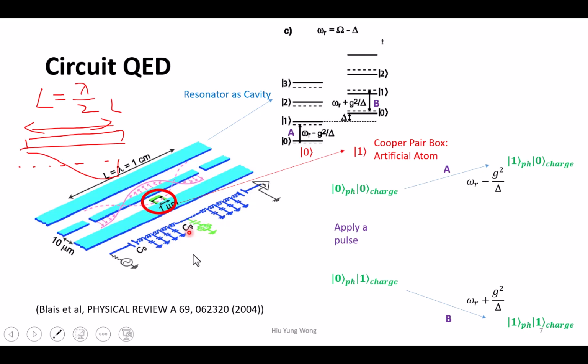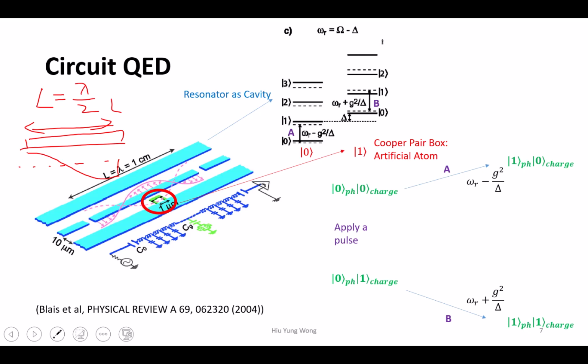This is the schematic of this circuit. You have the transmission line, and then this is the CG, remember the CG we had when we did qubit manipulation. And this is the two Josephson junctions, one qubit. The reason for doing this is to have a so-called flux tunable qubit, which we did not study.